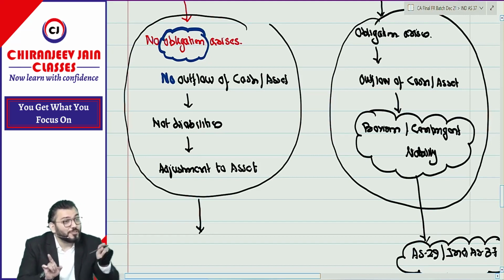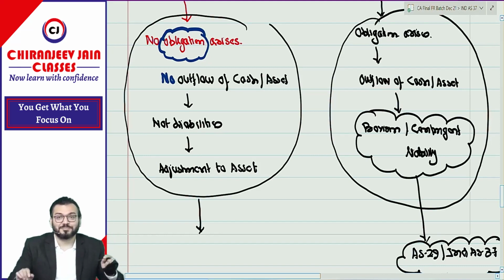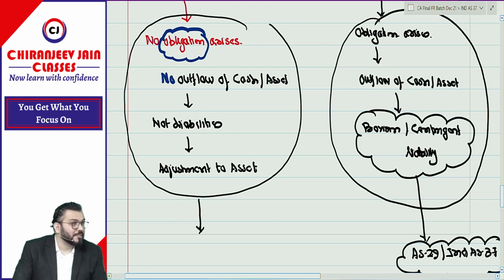Therefore, can I say provision for doubtful debt is not a correct term? It is a meaningless name which we are using from our traditional days. But now we have entered into the modern era. We should change the name. So now provision for doubtful debt is not known as provision for doubtful debt. Understood whatever I am saying?